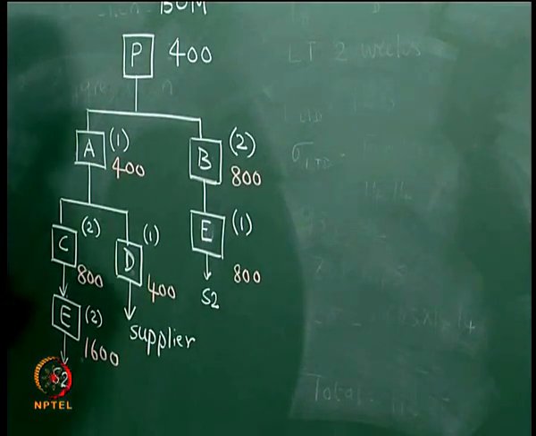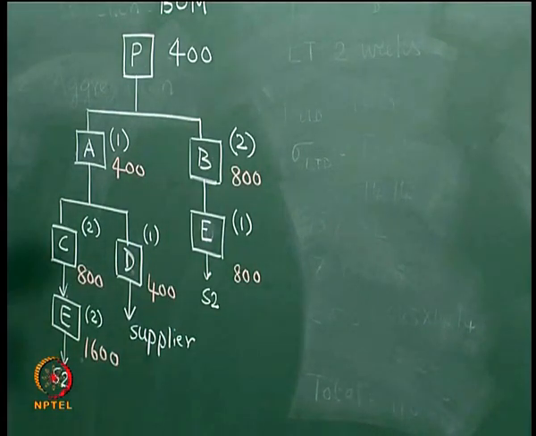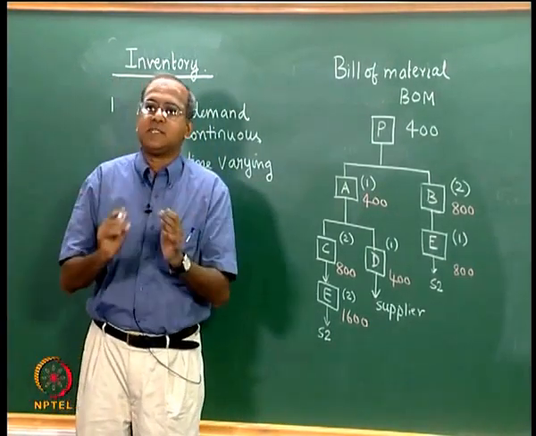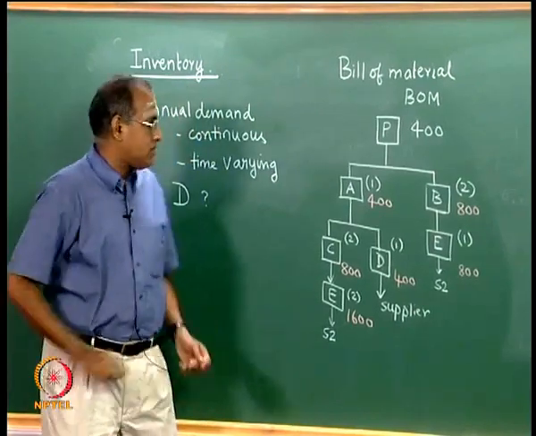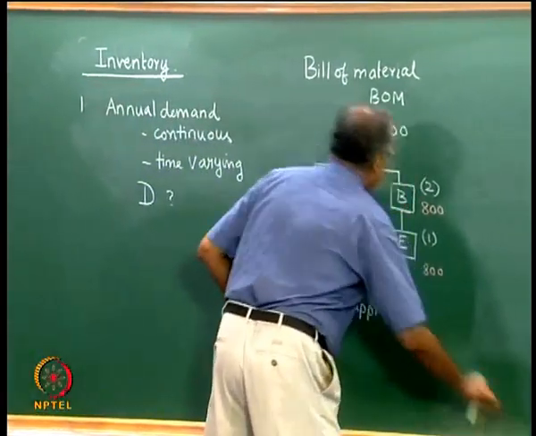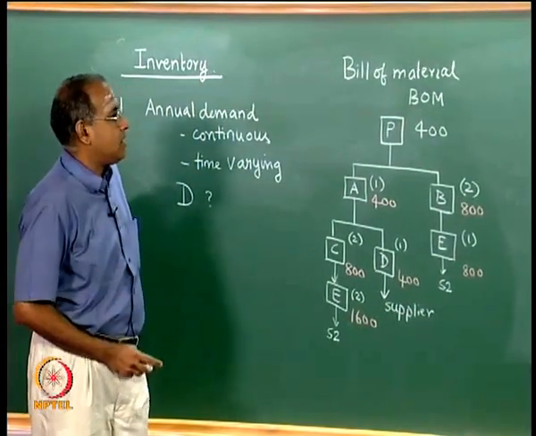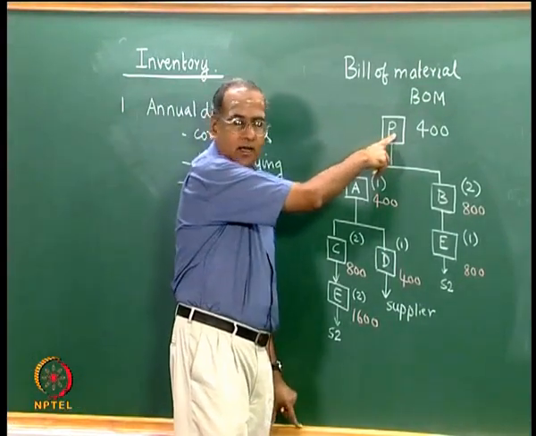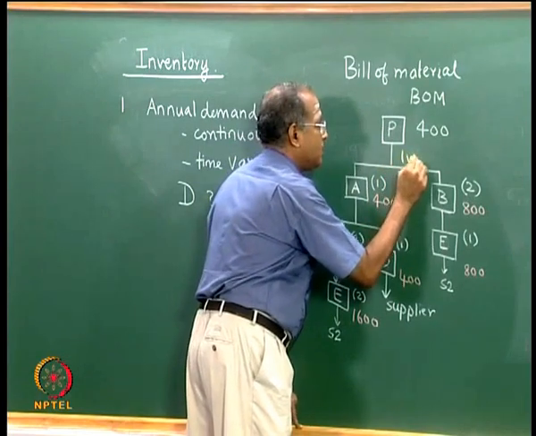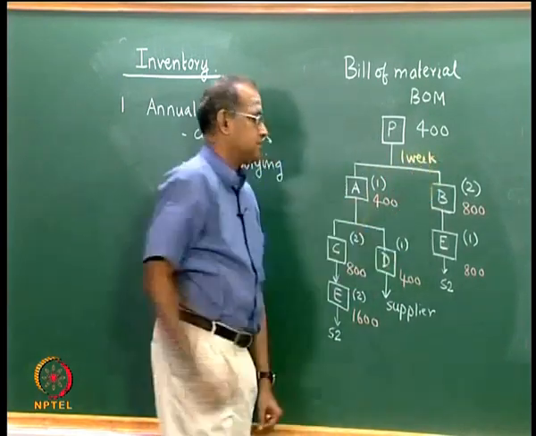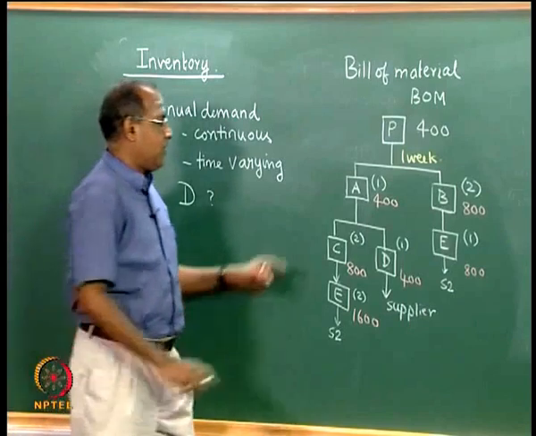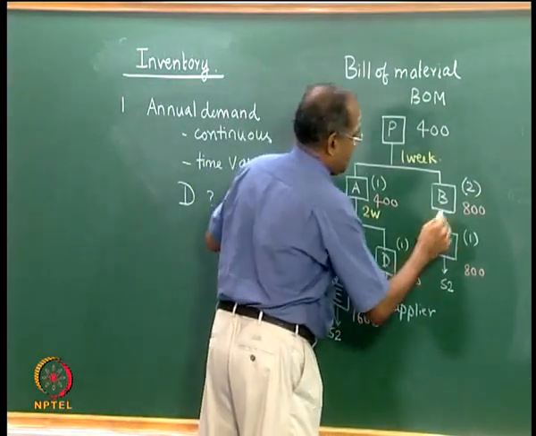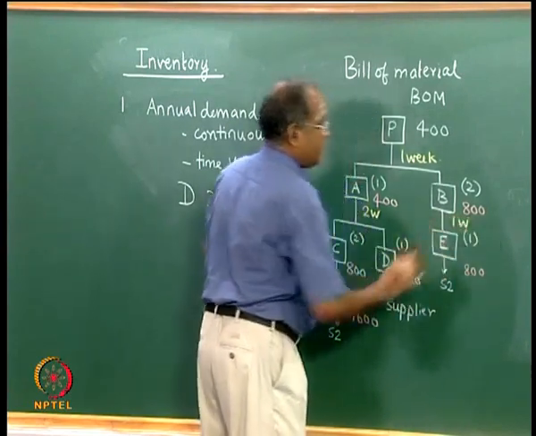Now let us also try and bring some lead time into the picture. Now there are several lead times or several times taken. So let us assume that it takes about 1 week to, for example if I want P today, the assembly takes 1 week to do this, and if I want to make A, let us say the assembly takes 2 weeks, and to make B the assembly takes 1 week.